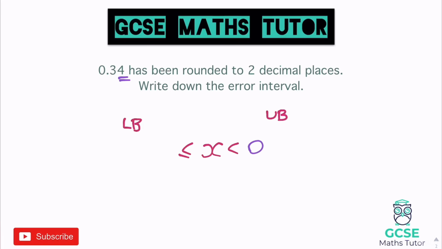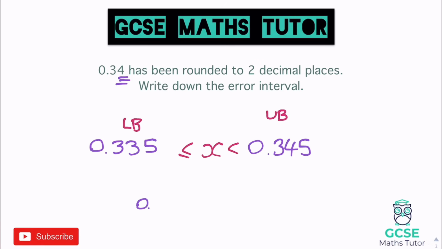So it's 0.345, and there we go, there's our upper bound done. Now to get our lower bound, we just need to drop the 4 down to a 3, the last number there in the 0.34, so it's 0.33, dropping it down, and then again stick a 5 on the end. And there you go, that is your error interval done.